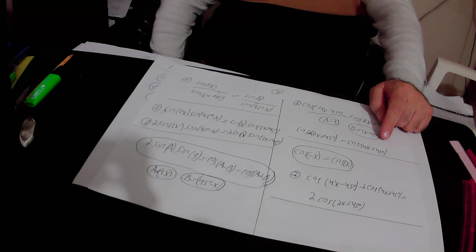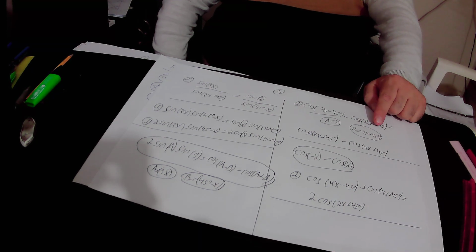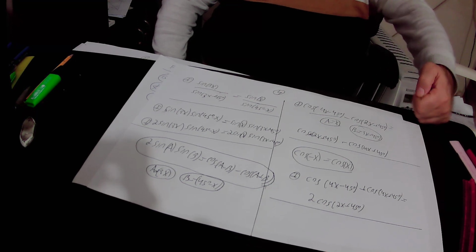Okay, then we have also to subtract cosine a plus b. So it is minus cosine a plus b. A is x, b is 3x, and x plus 3x is 4x, and 0 plus 45 degrees is 45 degrees.